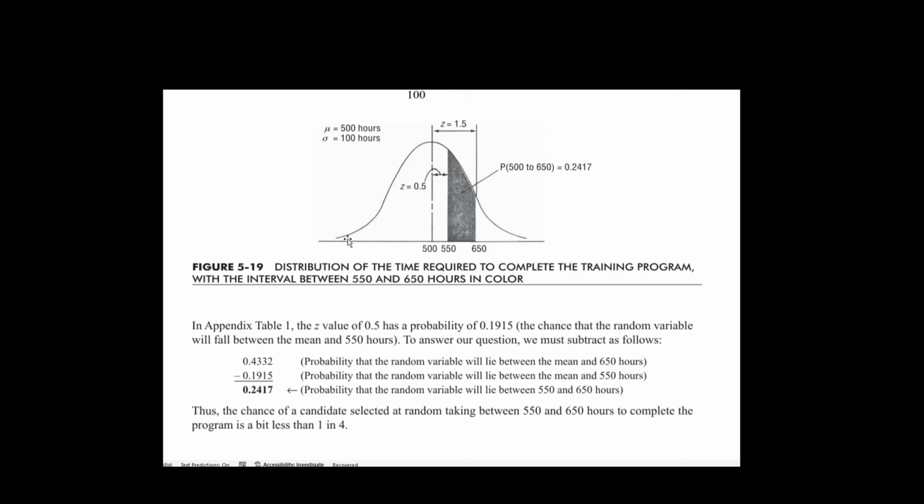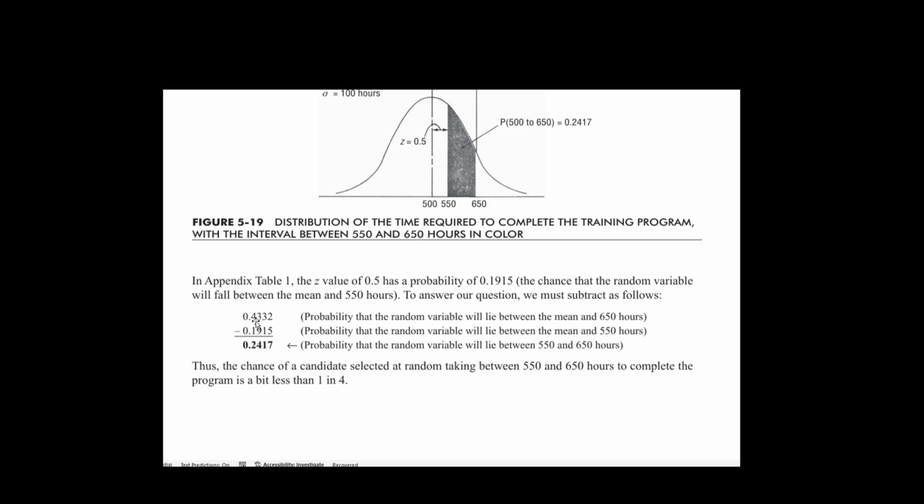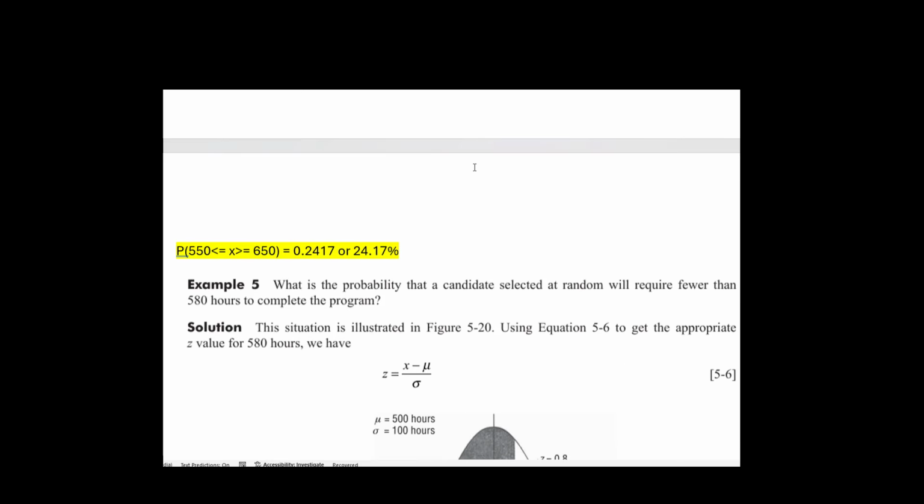So that is exactly what we have done here. 0.4332 is for 1.5, 0.1915 is for z equal to 0.5, and the difference is 0.2417, which is 24.17%. So our answer is, the probability of finding a person requiring time between 550 and 650 hours is 24.17%.